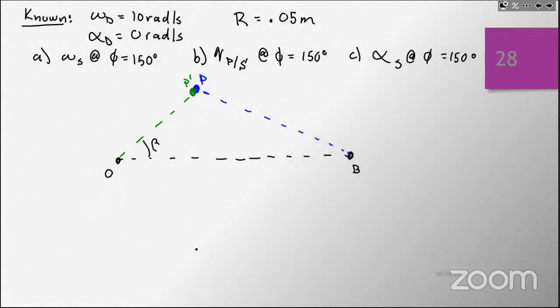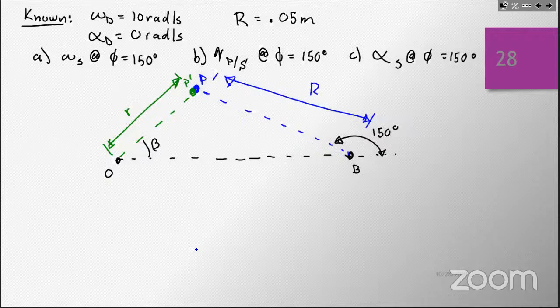So there's some angle here, and we know this angle is phi, our 150 degrees right there. There's some distance from here up to here that we're going to call R. This distance here was capital R, which we were given, 0.05 meters. So this angle in here should be 30 degrees, yeah?